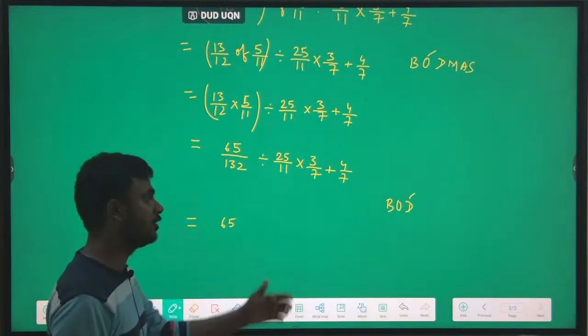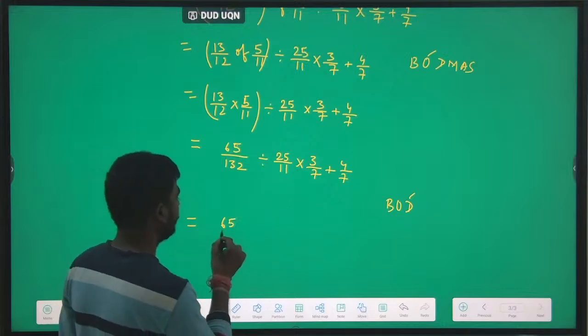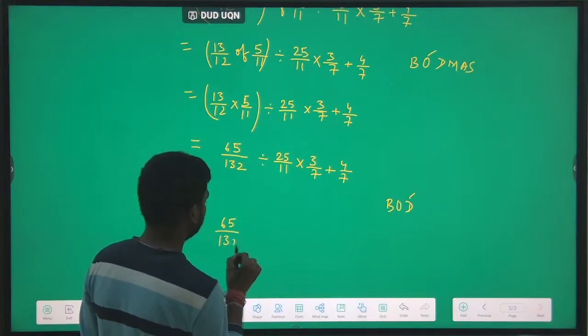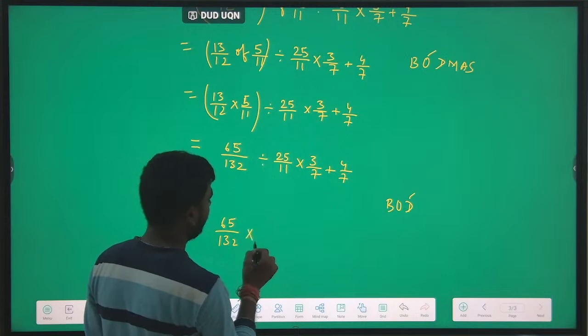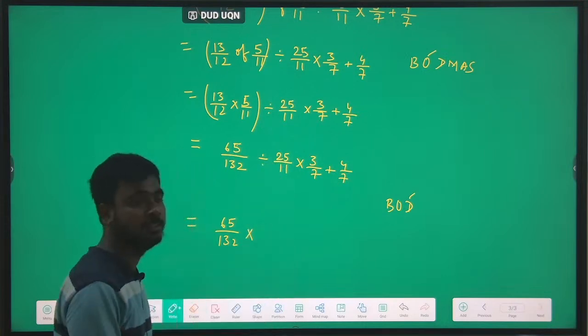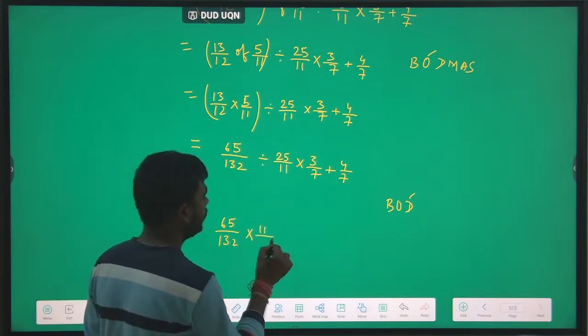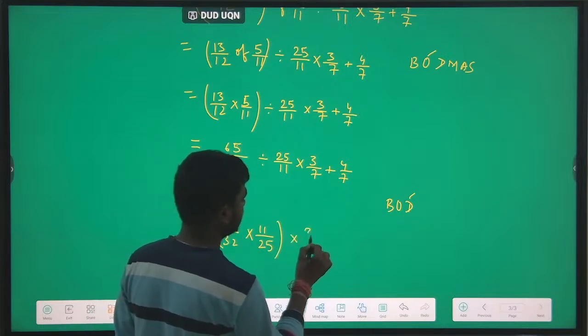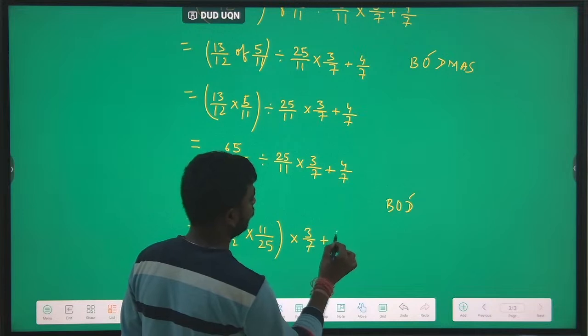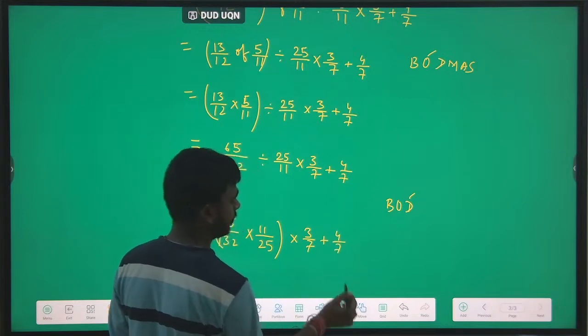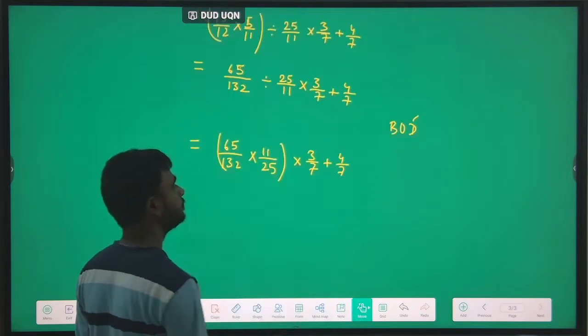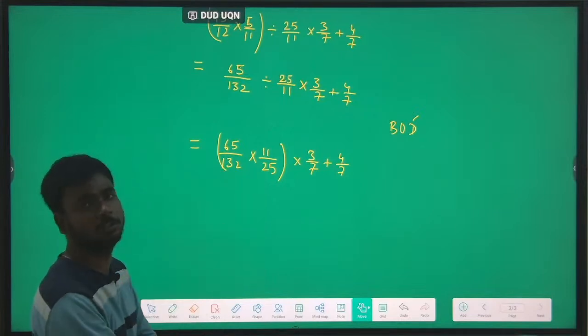In BODMAS, after 'of', there comes division, so we will do the division part. We convert division into multiplication, and it will be 11/25 into 3/7 plus 4/7. Now we have to solve these two.